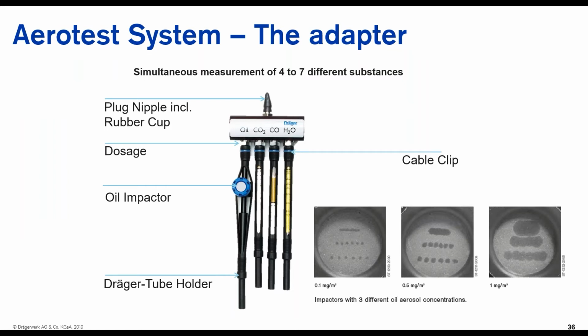The Simultaneous HP can detect up to four measurements. Unlike the Accuro pump systems that require strokes and a sampling volume, the Aerotest system adapters individually have a fixed flow rate, and they are designed to work with the tubes listed in the tube holder.